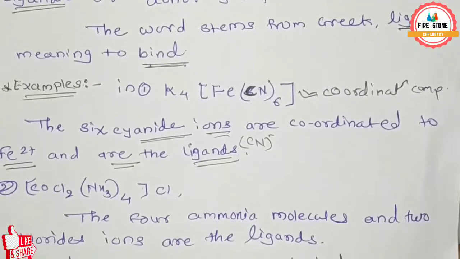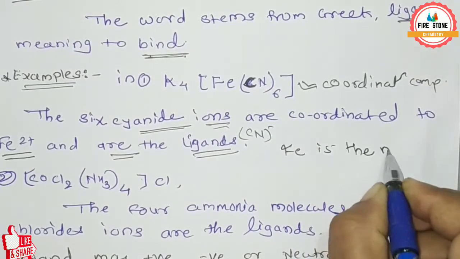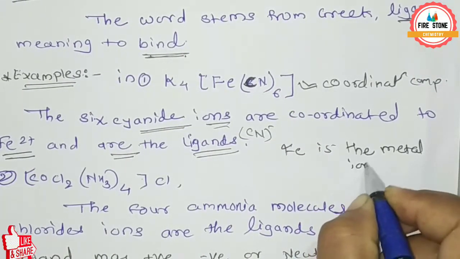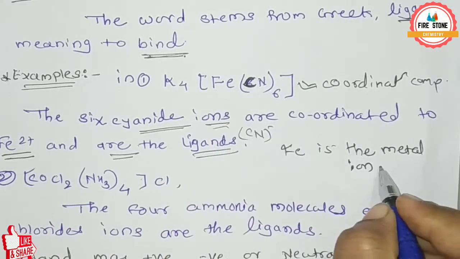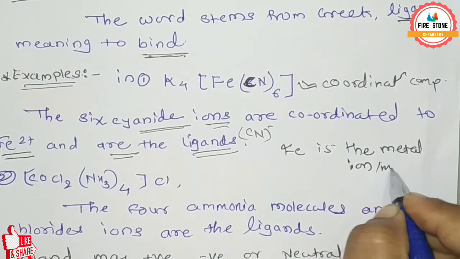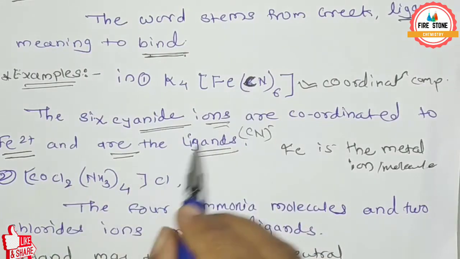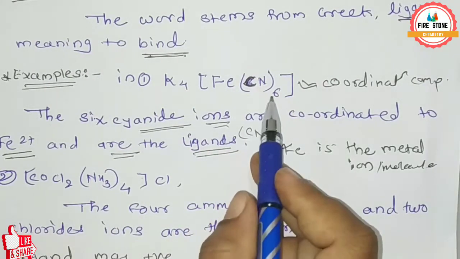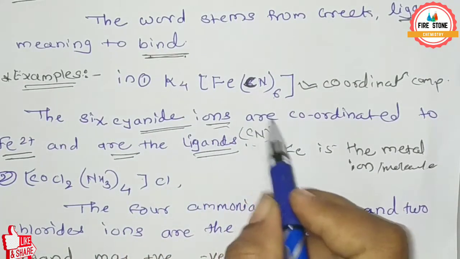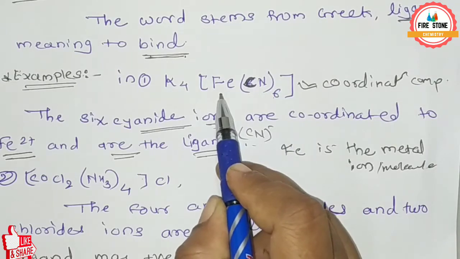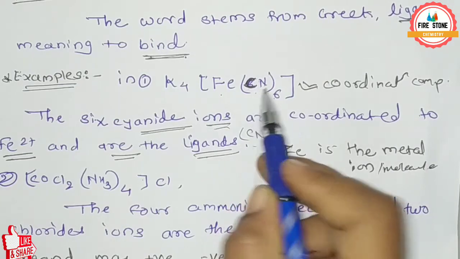Here Fe is the metal ion, and CN is the ligand, and here there are 6 cyanide ions. So these 6 ions are coordinated to Fe. So here Fe is the metal and CN is the ligand.